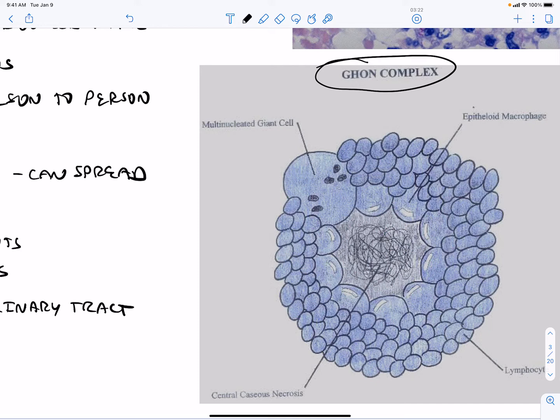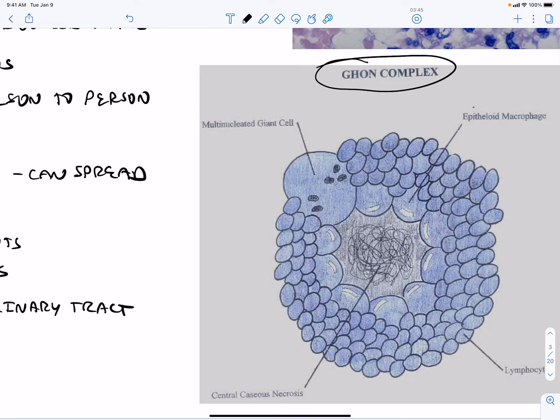This is a significant finding for diagnosis of tuberculosis. It's going to be in the subpleural part of the lungs, and it's also going to be predominantly in the upper part of the lower lobe and in the lower part of the upper lobe.